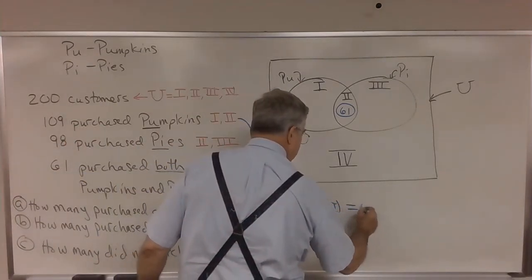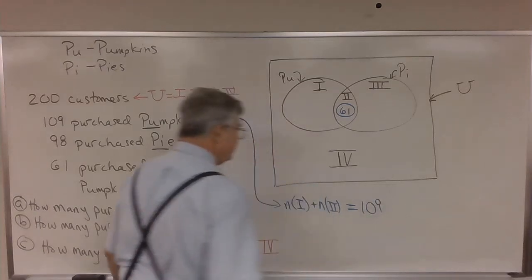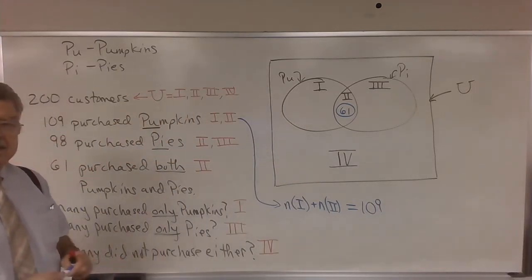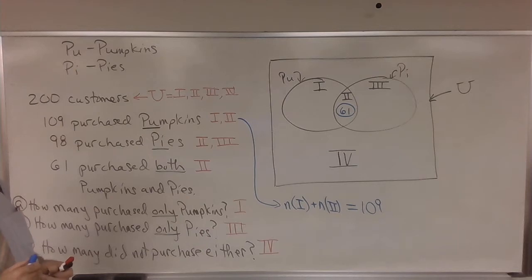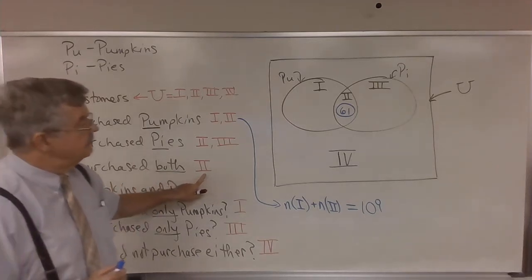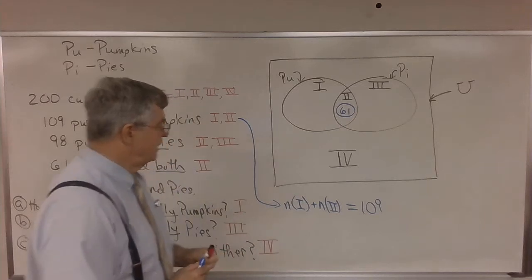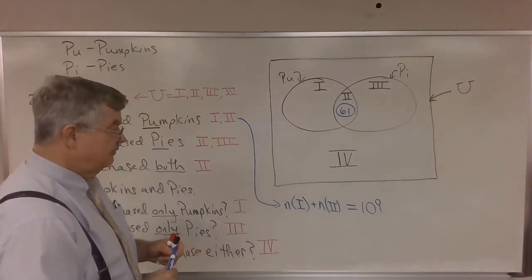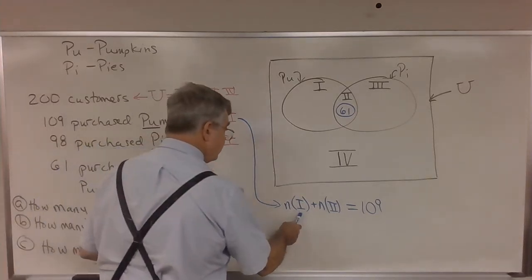And they equal 109 people. And we know what region 2 is, don't we? Region 2 has 61 people. Okay, so we can solve for the number in region 1.